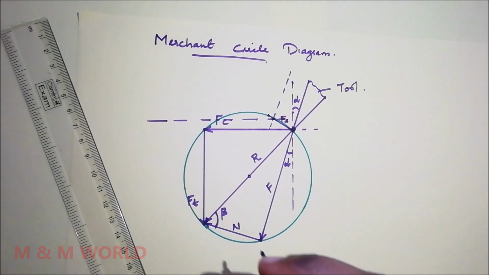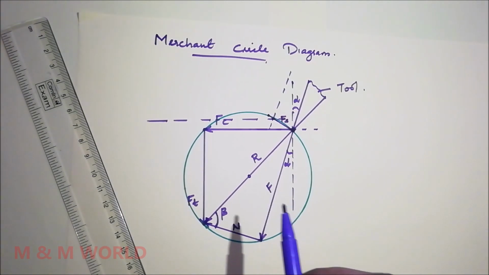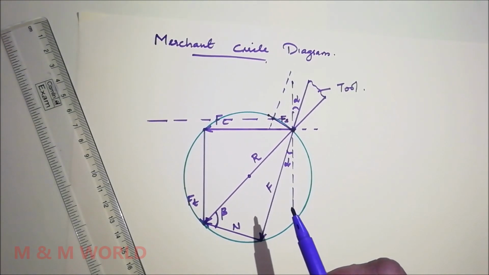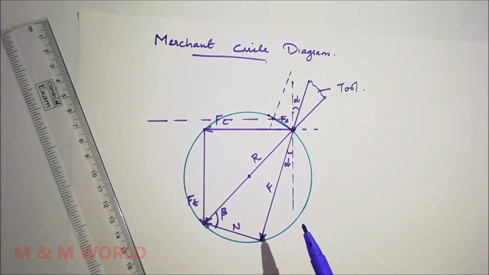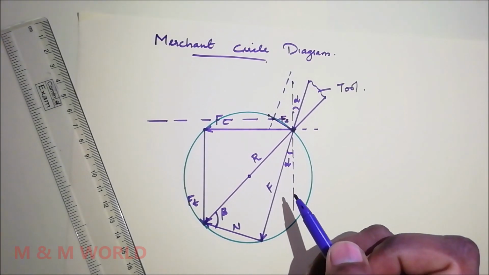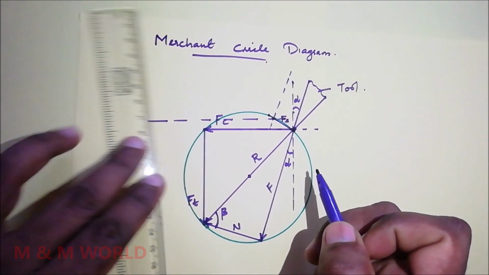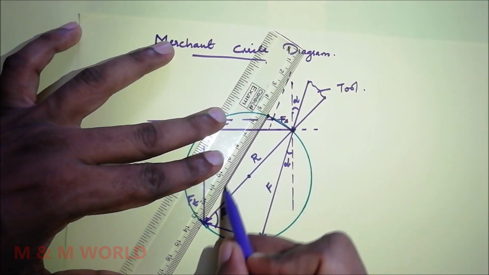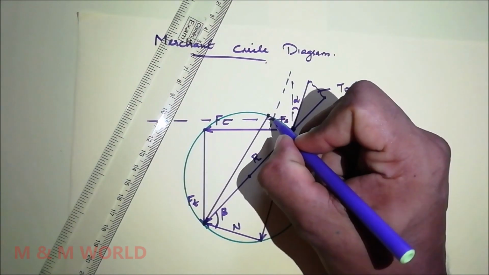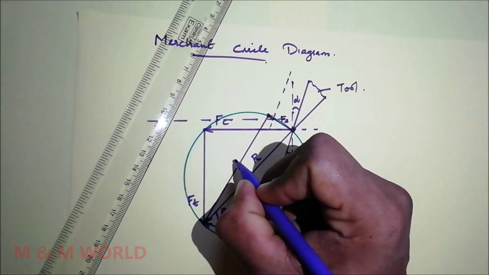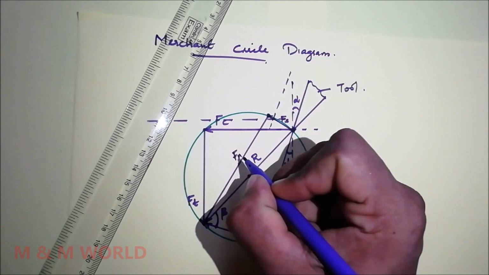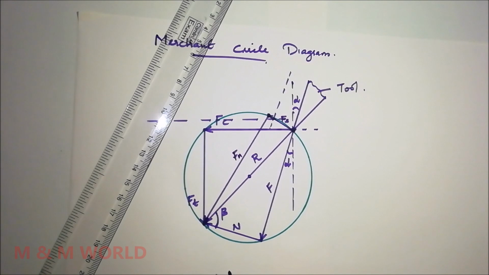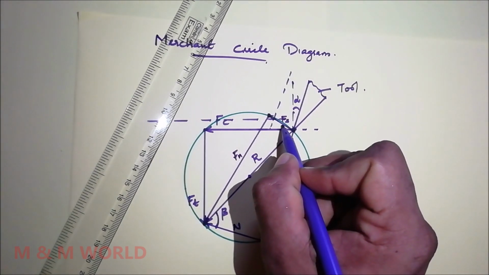Now draw a line from the head of the shear force vector to the head of R. We will get the normal to the shear force, that is Fn. So this is Fs and this will be Fn. What will be this angle?